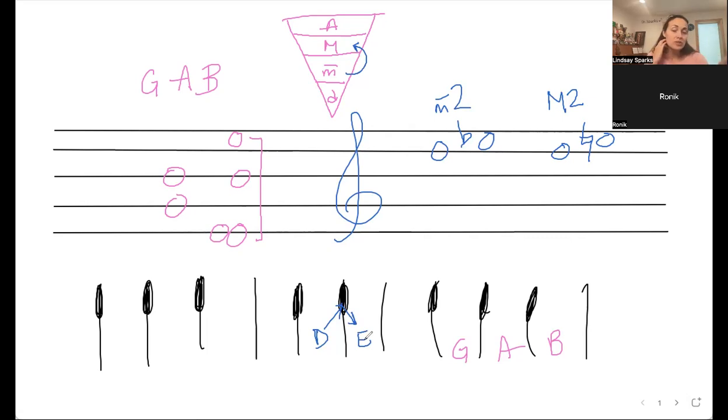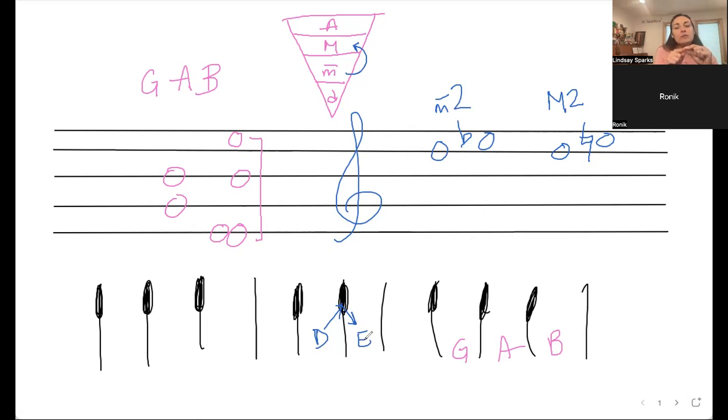Now, there's a question I've had about this. Can we change the D? Theoretically, yes, that would be fine. You have to be careful, because depending on what you're doing later, like when we talk about chords next week, we're going to start building these chords. We really can't change what we call the root of the chord.